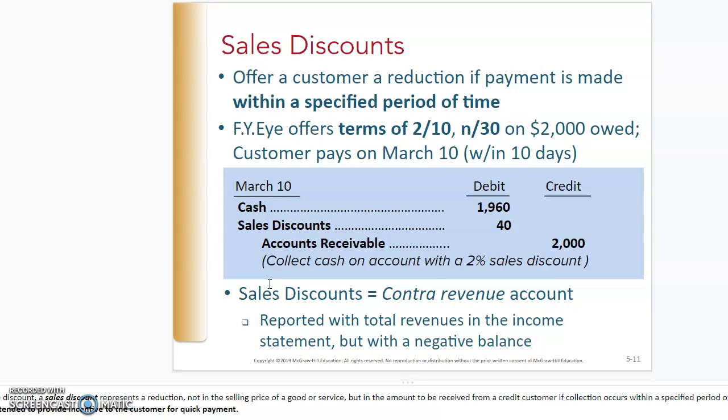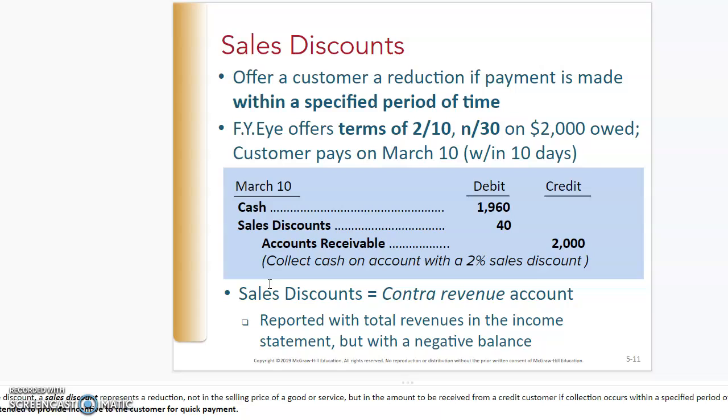The 2% is a sales discount, and the accounts receivable goes down by the whole amount. Now, the way to keep this straight is the accounts receivable was $2,000. When the customer pays, even though they're paying less than $2,000, the accounts receivable is taken care of. Okay, the customer does not owe that anymore.